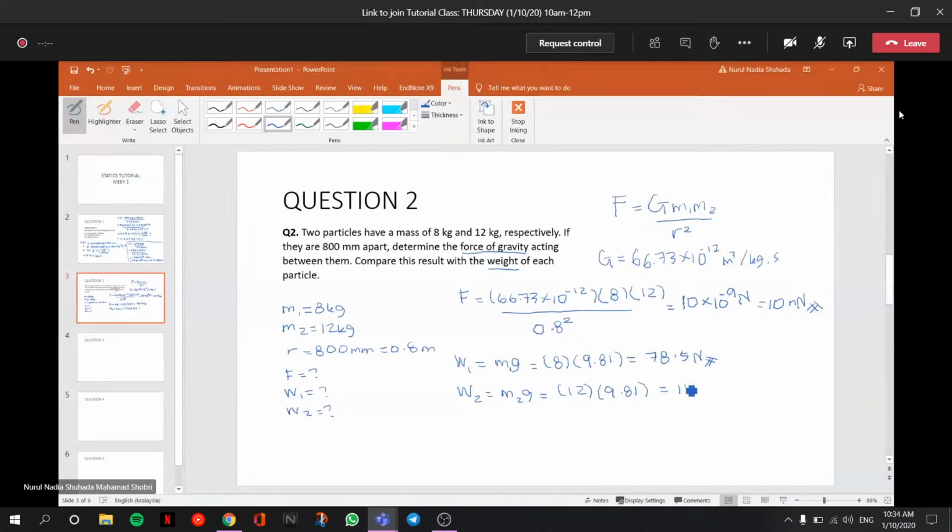Okay. So there are 3 items you have to find: the force, weight 1, and also weight 2. So for question number 2, are you guys clear? Do you have any questions?